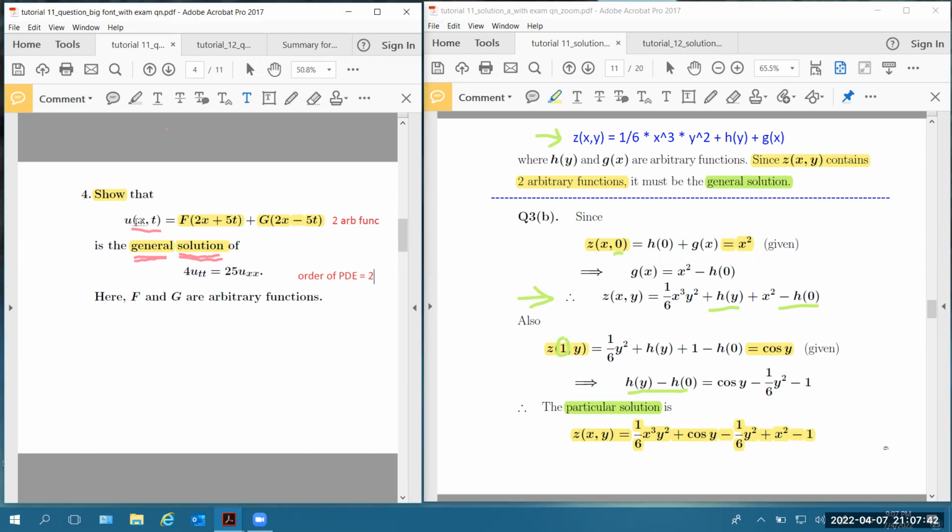So if it is a solution of this equation, then it must be the general solution.